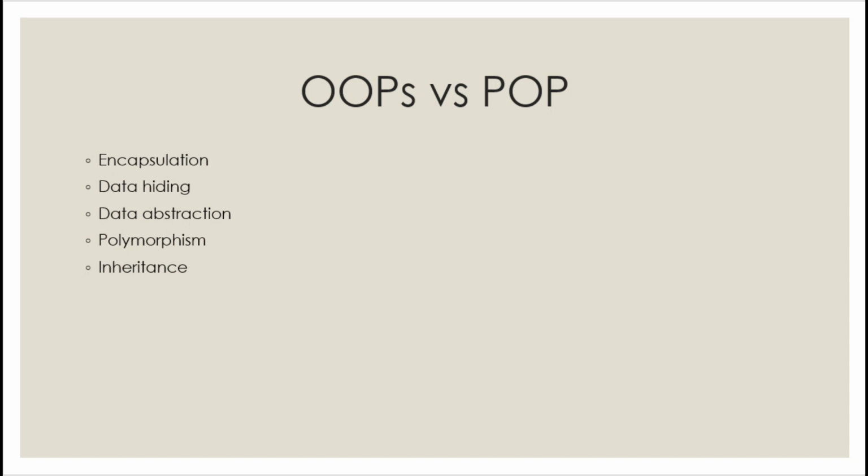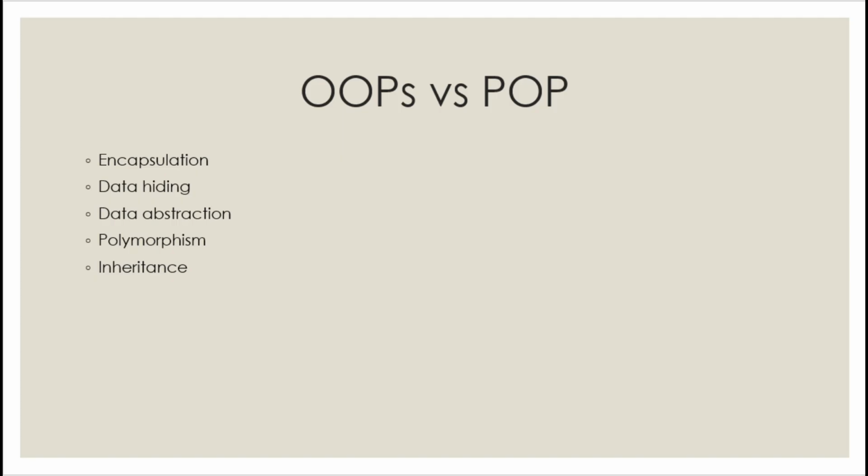I'll illustrate all of these properties in the live example shortly. Polymorphism is another property of object-oriented programming where different objects of the same class behave differently in the same situation. Inheritance is where we can derive new classes from an existing class so that the second class can have properties of the first class. I'll also illustrate this in the example.